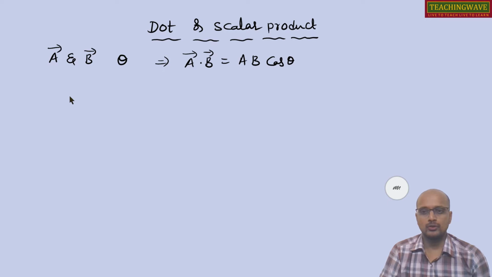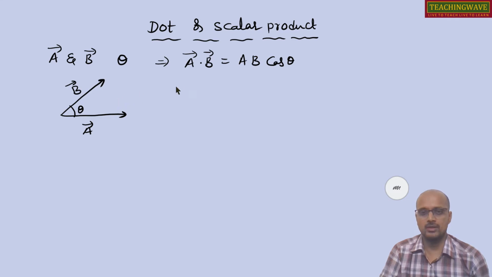Now come to the geometrical representation. Let this be a bar, the first vector, and this be b bar, our second vector. These two differ by angle theta according to our earlier discussion.